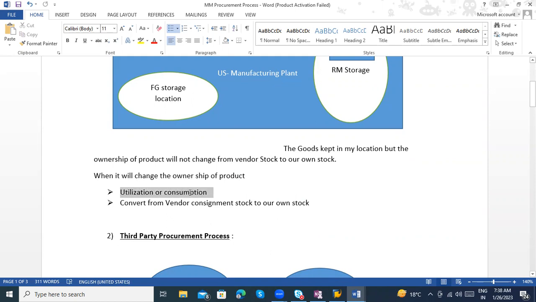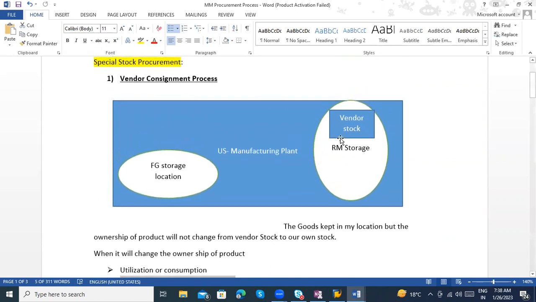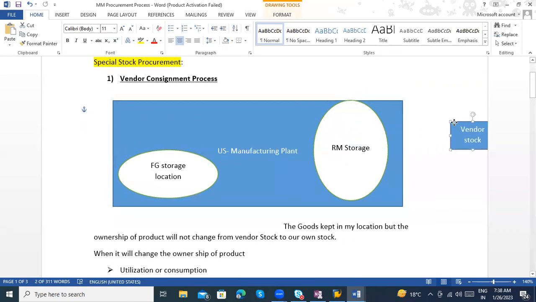Then you are liable to pay for what you withdrew, only that amount. The second option is you can convert the consignment stock to your own stock. In that case, when it is transferred, this will be completely nullified, and it will be added to raw material stock.